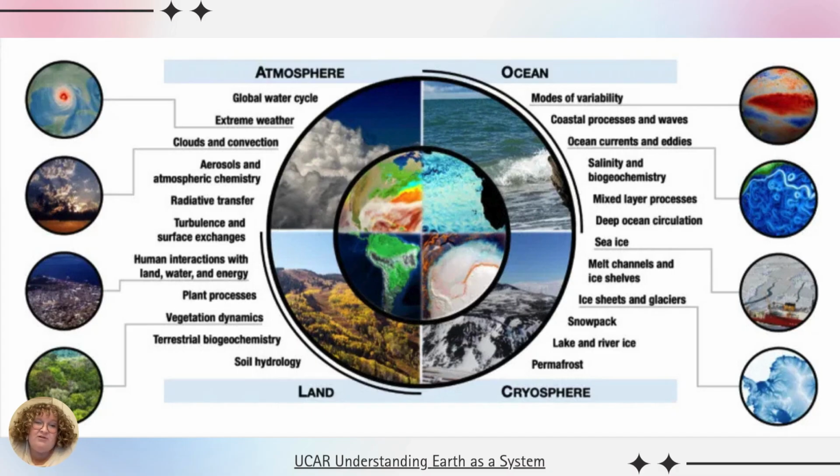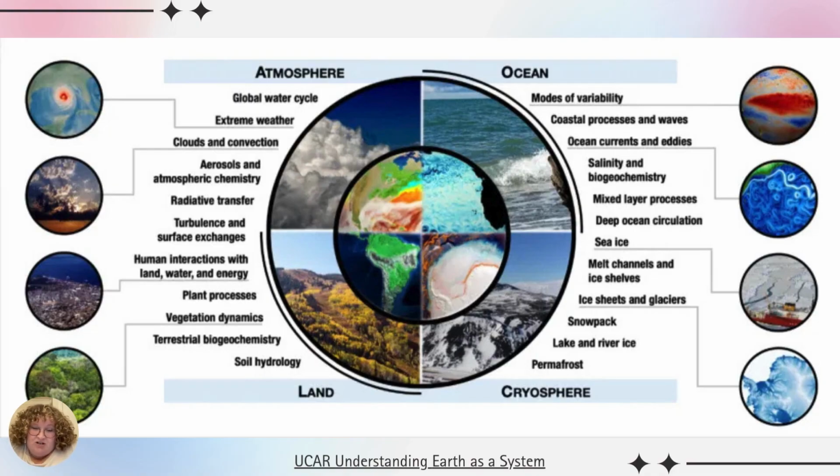But yeah, starting over here on the left, under the atmosphere we have global water cycle, extreme weather, cloud and convection, aerosols, atmospheric chemistry, radiative transfer, turbulence, and surface exchanges, and we have human interactions with land, water, and energy, plant processes, vegetation dynamics, terrestrial biogeochemistry, and soil hydrology. So I went from atmosphere to land there.